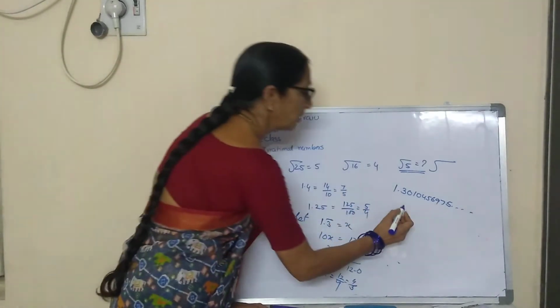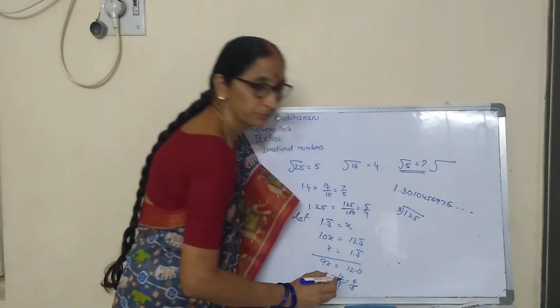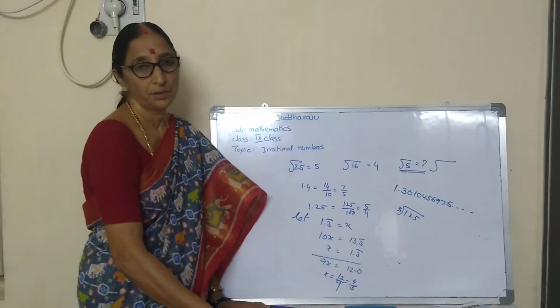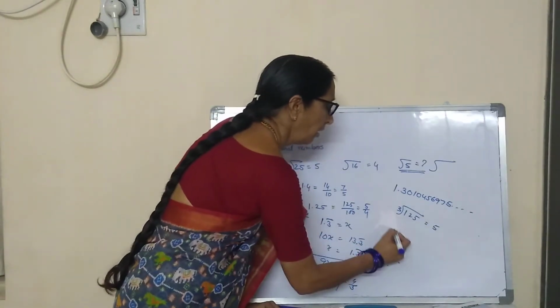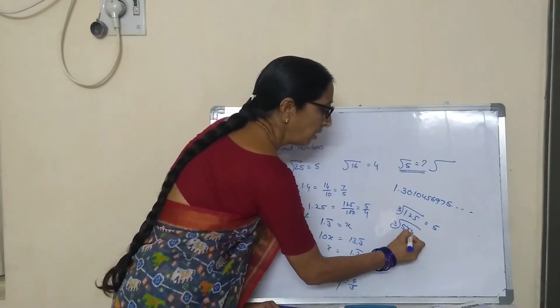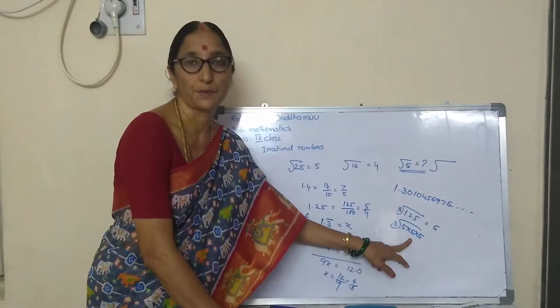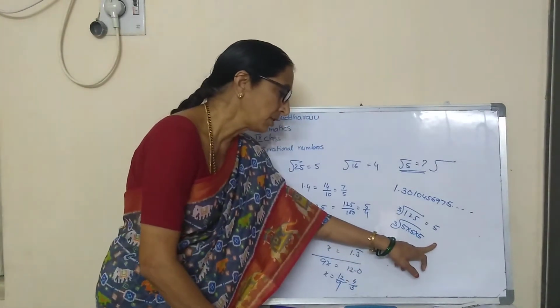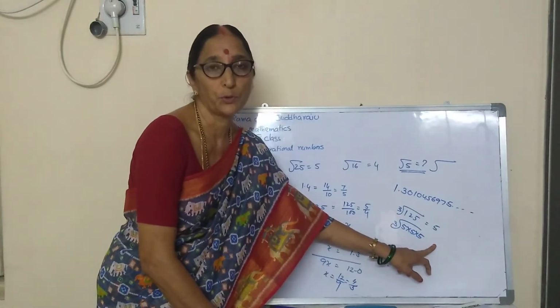Now look at this number, the cube root of 125. Can you say? It is equal to 5, because we can write 125 as the product of three equal factors, and one of the three factors is the cube root.